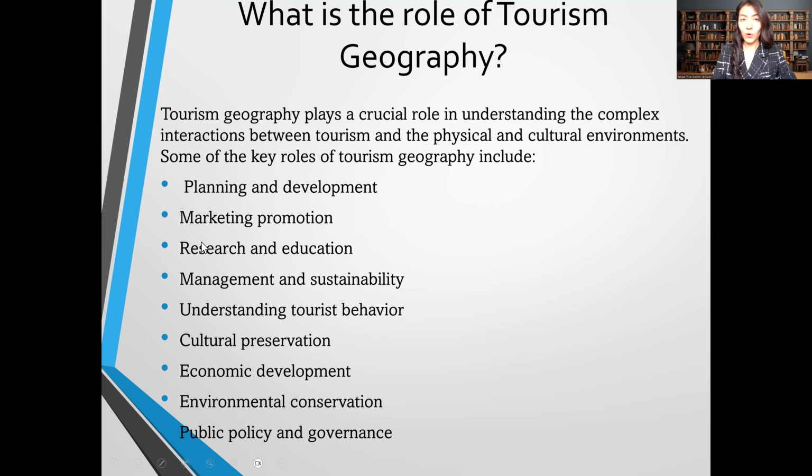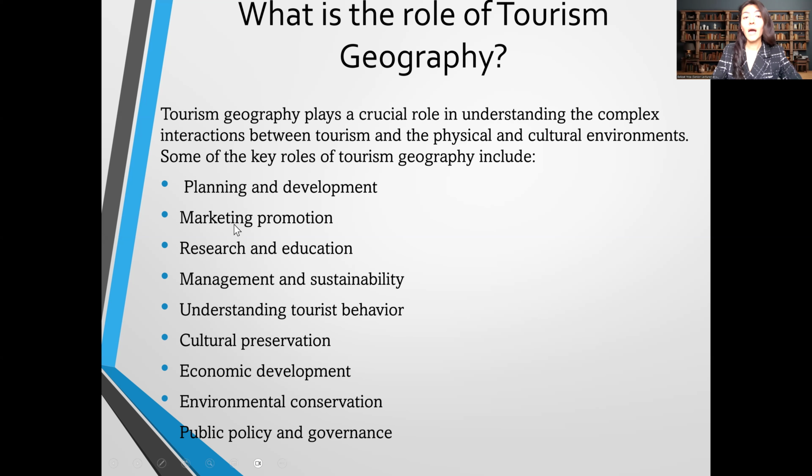As I said before, the role of tourism geography is really crucial to the development of tourism. Here we can say that tourism geography plays a role in complex interactions, and it can involve physical, cultural, and environmental factors. Here we can see the key roles of tourism geography, which include the following.